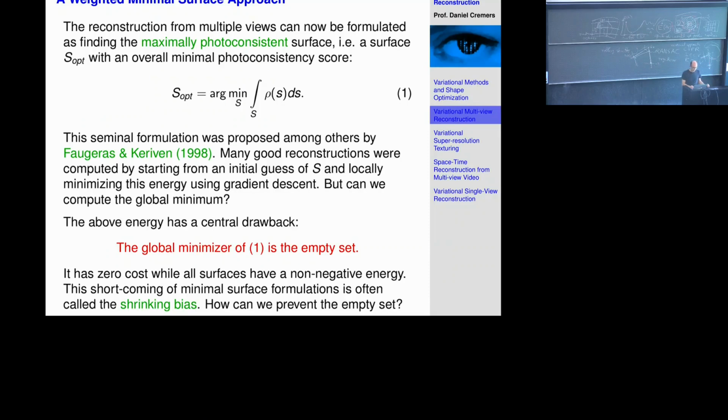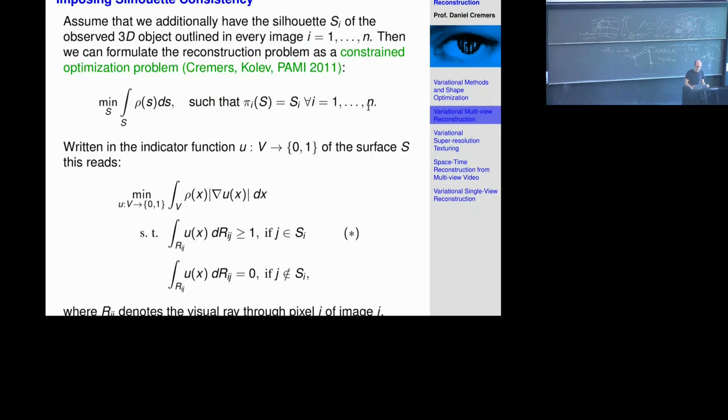And this is something we set out to do in this paper in 2011. We said, okay, let's take this loss function with the photoconsistency, but now somehow enforce the information that there is an object, that I see an object. How do we do that? Well, basically, we have these observations. Let me do another drawing. So let's say here's my object, and then I have all these images that see this object, right?